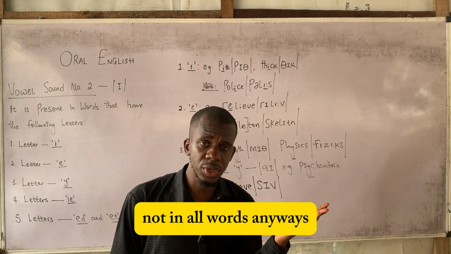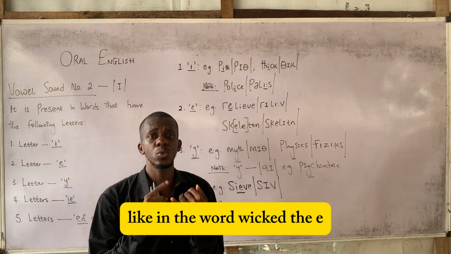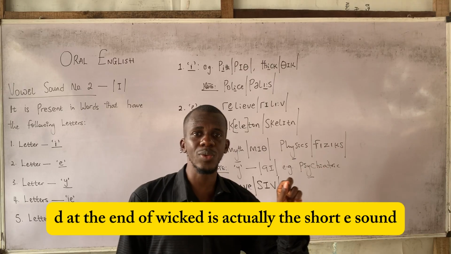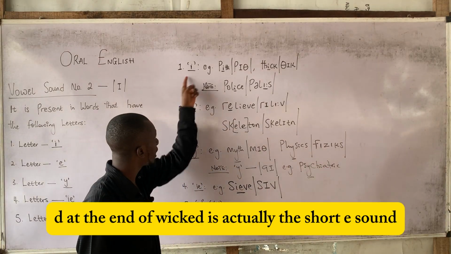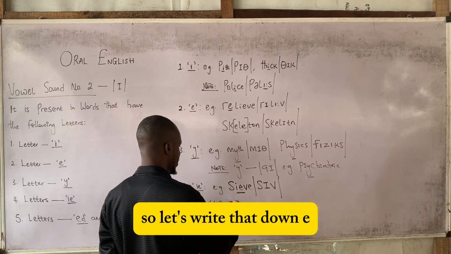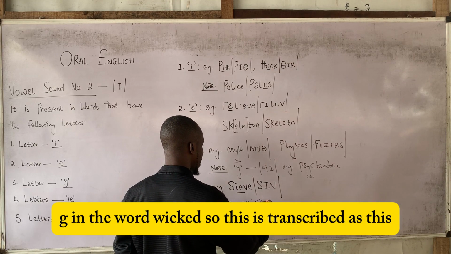Not in all words anyways, but in some popular English words, like in the word wicked. The ed at the end of wicked is actually the short e sound. Okay, so let's write that down. E.g., in the word wicked.